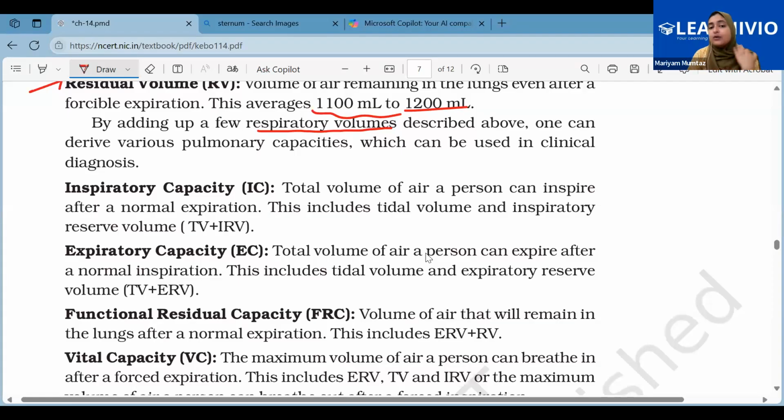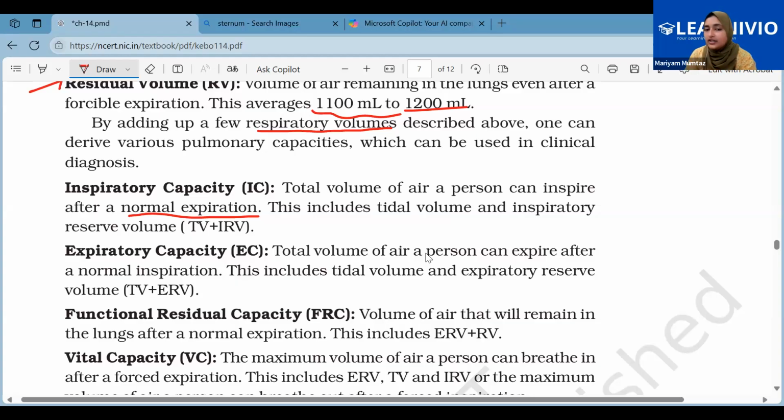So the total volume of air a person can inspire after normal expiration, meaning once you've normally breathed out and then the next breath in, however much volume of air you can take in, will be called inspiratory capacity.